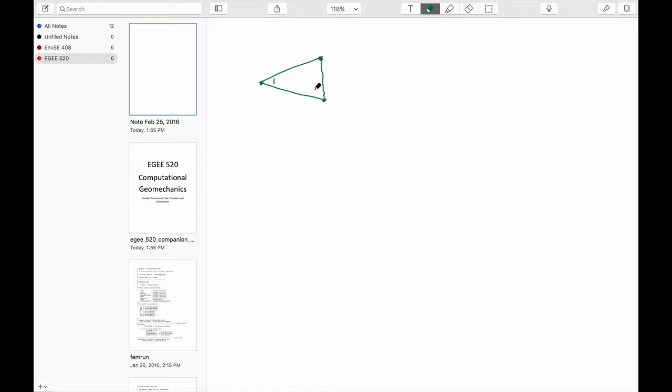We know that we number these counterclockwise. At each node, we have a force in the x direction and a force in the y direction at node 2, and also a velocity in the x direction and a velocity in the y direction at node 2, and a pressure.